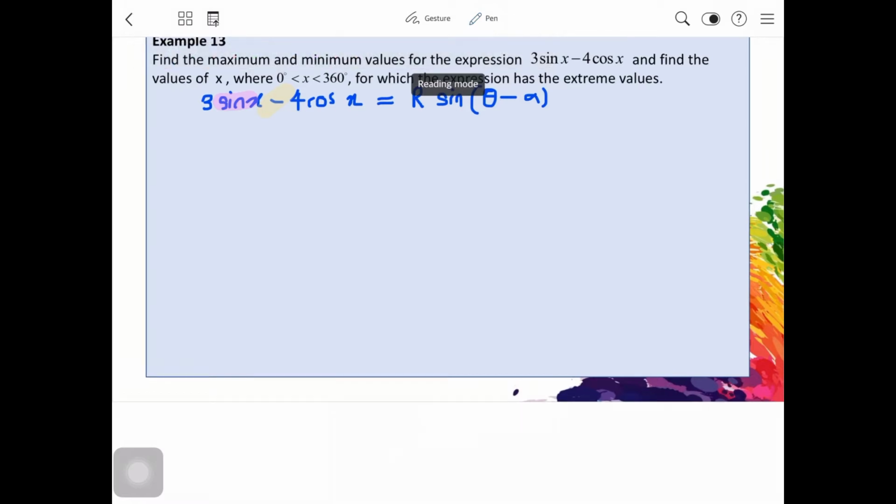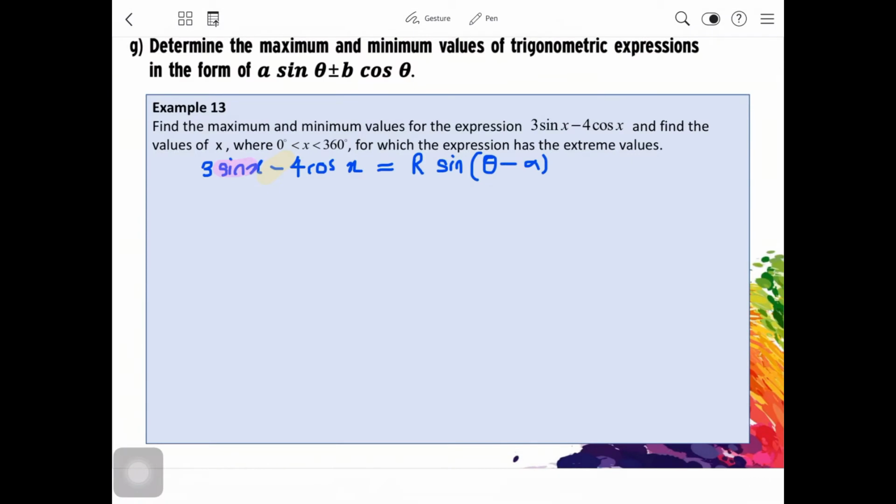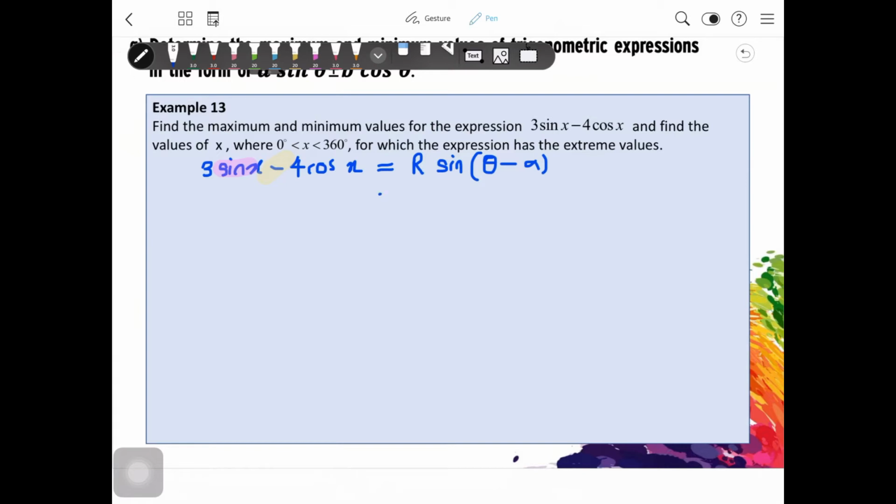Because I have this negative sign here, when I expand it, I would get a compound angle as such.